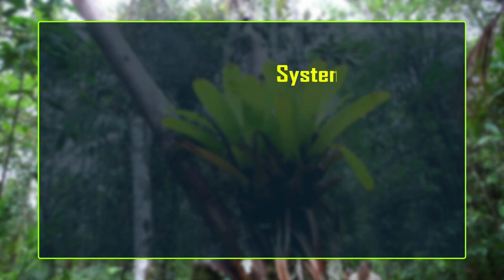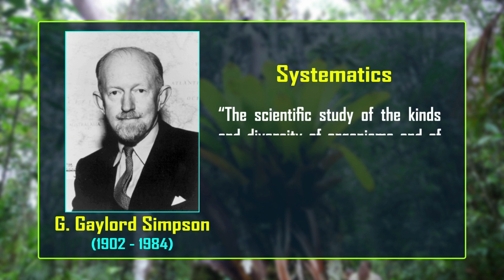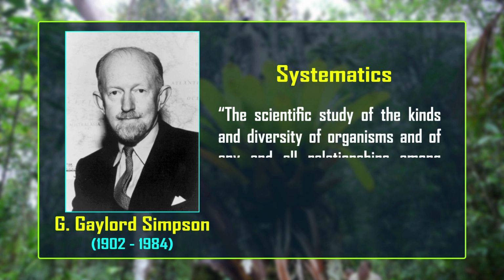Because of the diverse nature of studies spawned by evolutionary theory, a collective term systematics is more often used to designate a much broader discipline than the traditional taxonomy. The most commonly used definition for systematics is that of Simpson in the year 1961, who defined it as the scientific study of the kinds and diversity of organisms and of any and all the relationships among them.